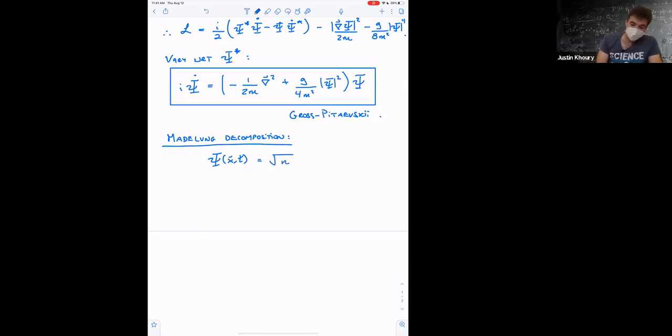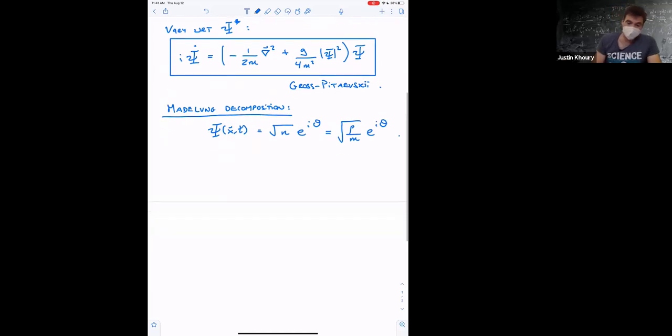So this is square root of n, e to the i theta, theta being the phase, and n, which is the number density, I can write as the mass density divided by the mass of the dark matter particle. That's one thing, okay? So that's the usual decomposition.